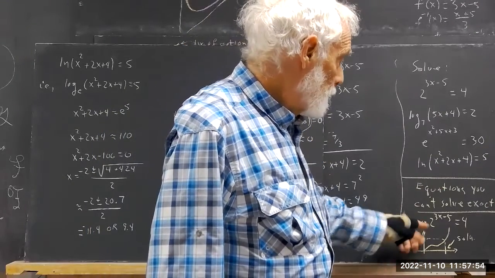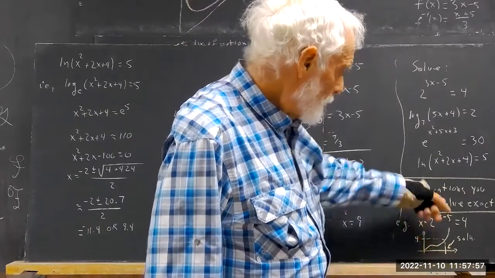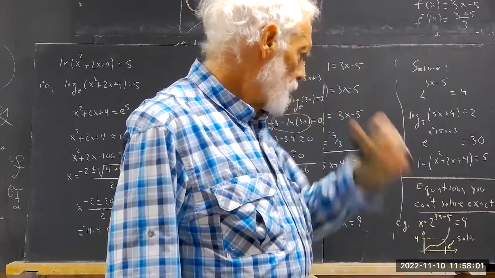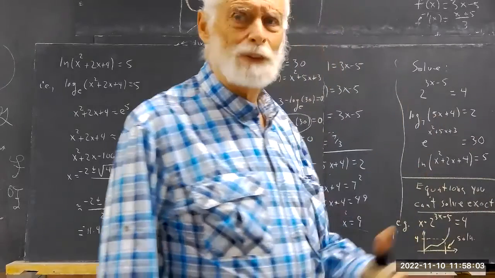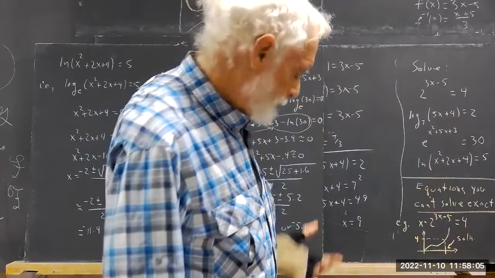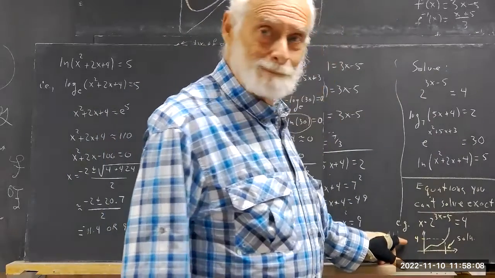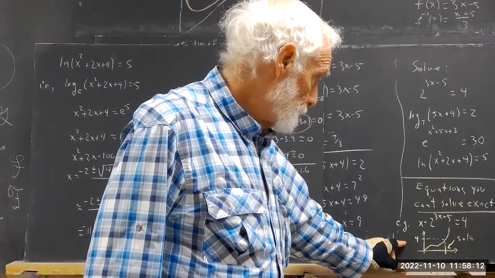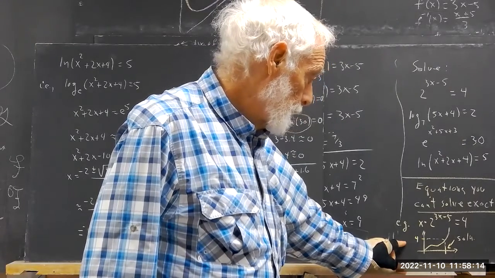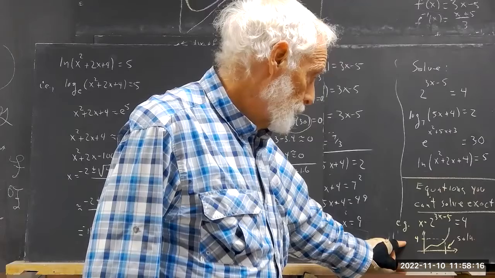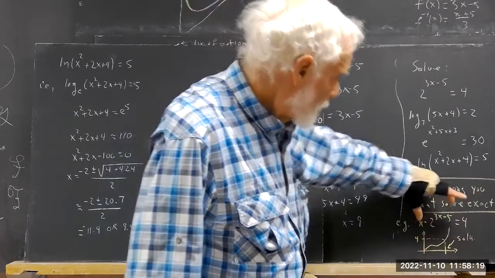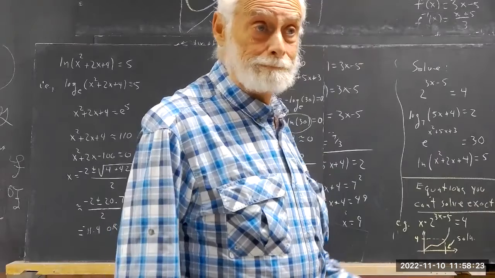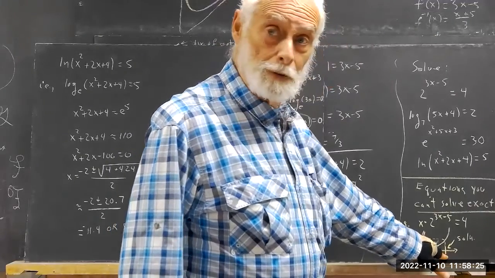So if we could get a graph of this, maybe it looks something like this, maybe not. I still think you have to go back and do the calculus. I kind of did it in my head, but I don't trust it. The idea is you graph this and you find out where y is equal to 4, and the x you land on is your solution.